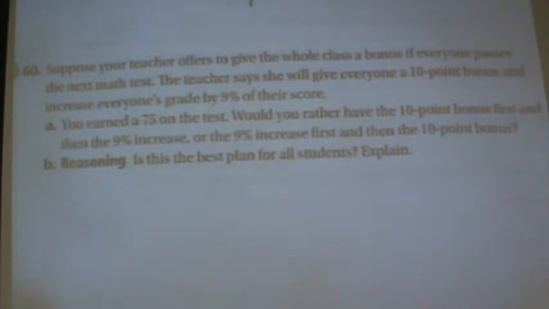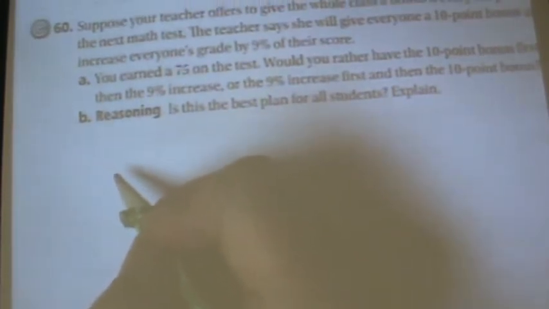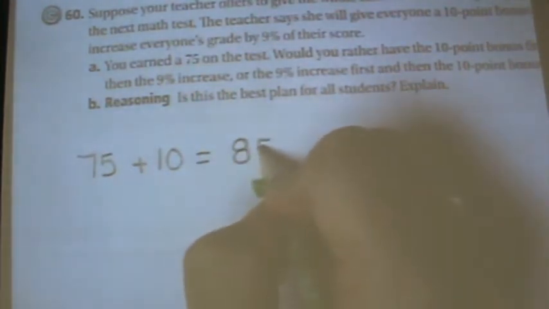Let's do it then. What's your score? 75. So if you add 10 points to that, that's an 85, right? This is a trick question. Now we're going to increase your grade 9%.